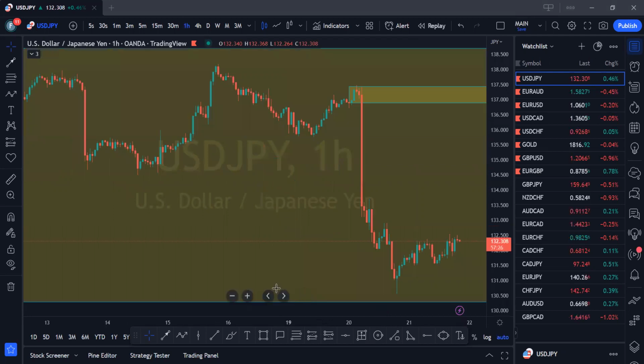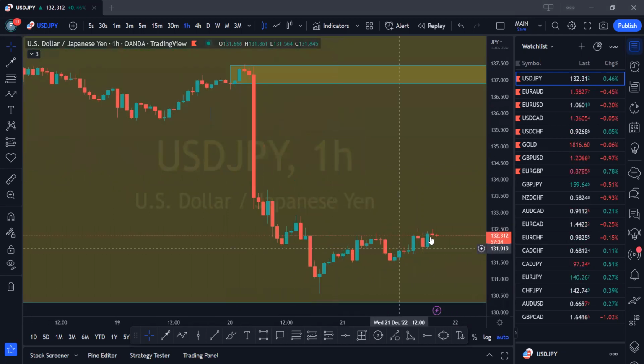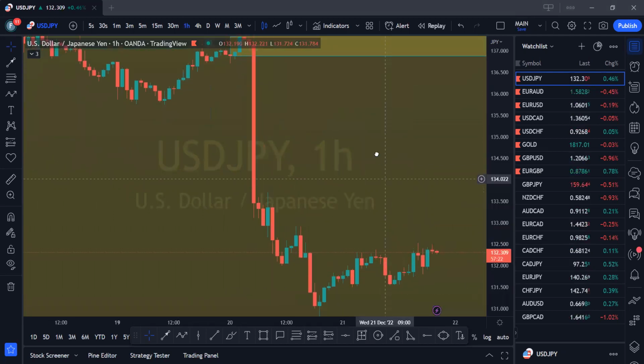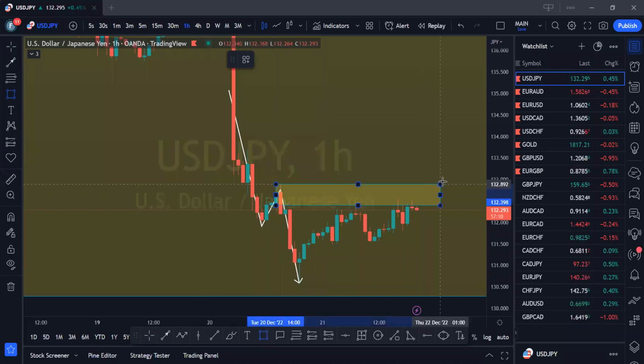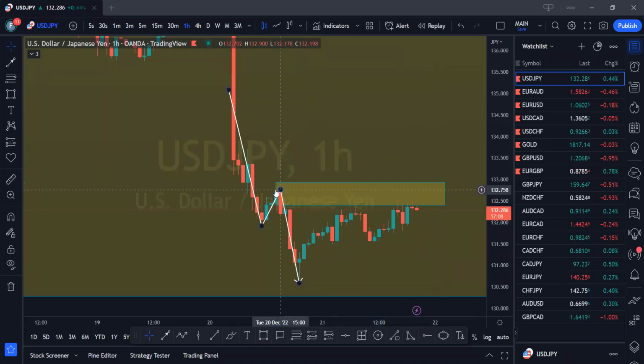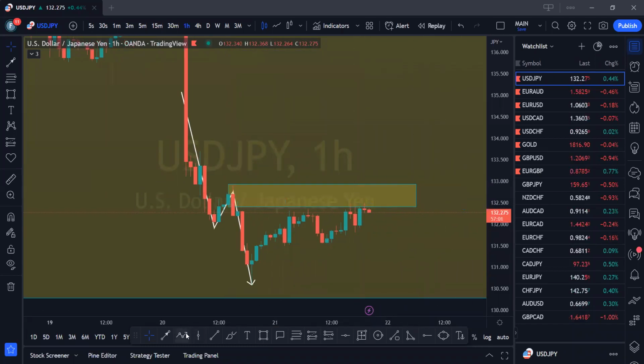So on the 1 hour time frame, let's check out the structure. All right, we have something approaching here on 1 hour. Structure is still in a downtrend. So in order to buy on the 1 hour right now, you want price to break this zone here. This is a lower high that needs to be broken. You wait patiently.